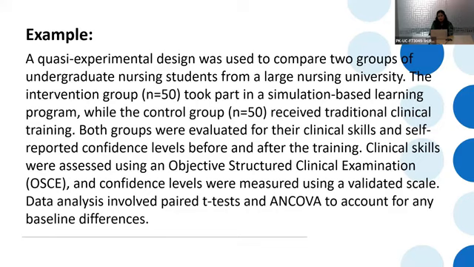How was it assessed? Which tools were used to assess which variable, which outcome? And then what tests were applied. This tells you about the analysis. So in a few sentences, you give complete detail of how your research was done.